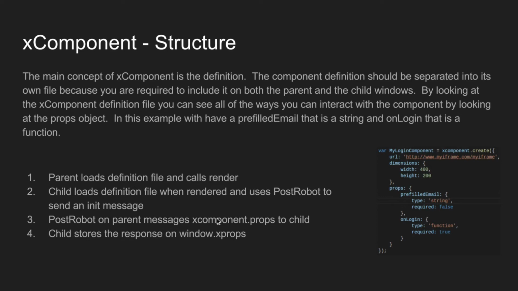The child stores the response on window.xprops, or in the documentation it was window.xchild.props, but we'll use window.xprops. And now the child can use the props just like they did in the documentation. So window.xprops.prefilledEmail would contain the actual email that was passed across, and onLogin would be the function that we could execute that was passed across.